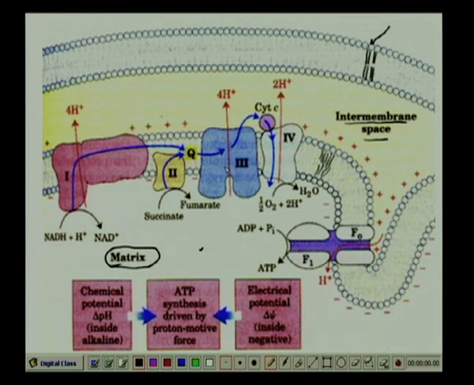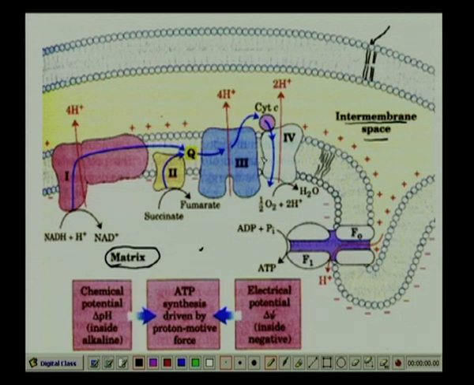It is comprised of a protein, and along with the protein we have prosthetic groups or other electron transfer cofactors, the ones that we have been mentioning, that are going to help us in the transfer of the protons from the inside to the intermembrane space. Now, we are going to look at the constituents of each of these complexes, but this is a pictorial representation of how it actually looks.